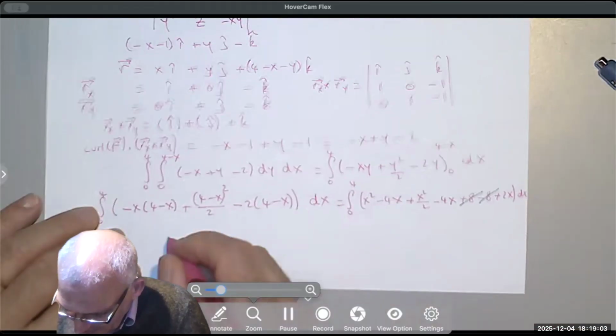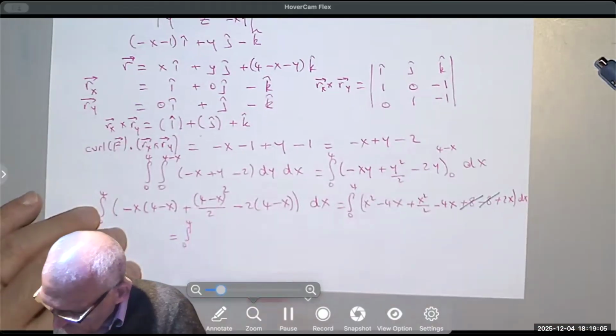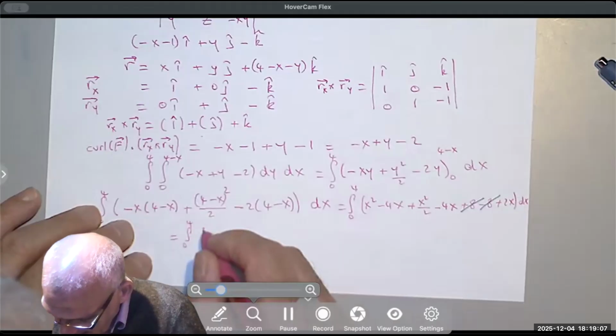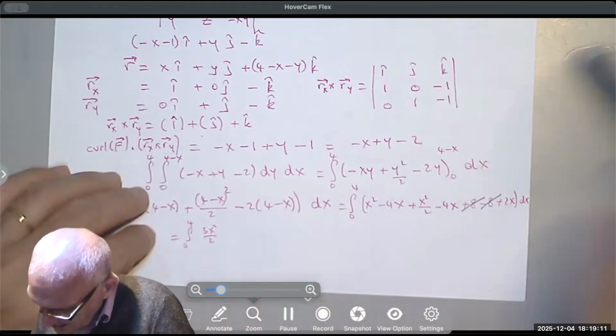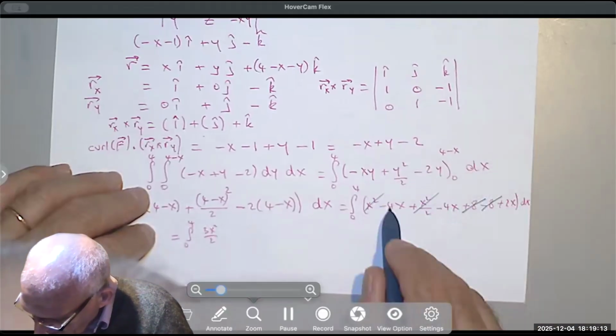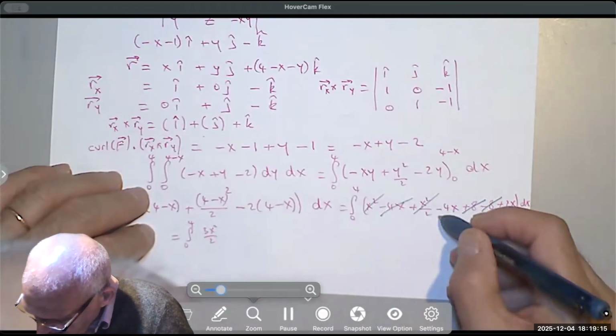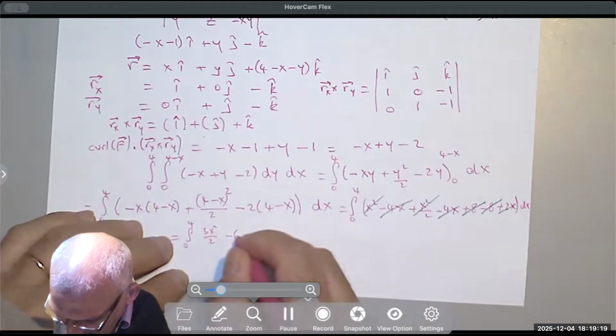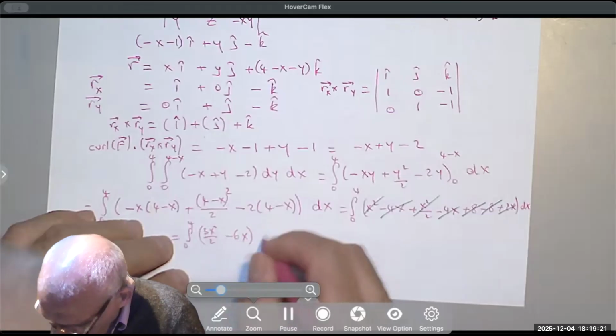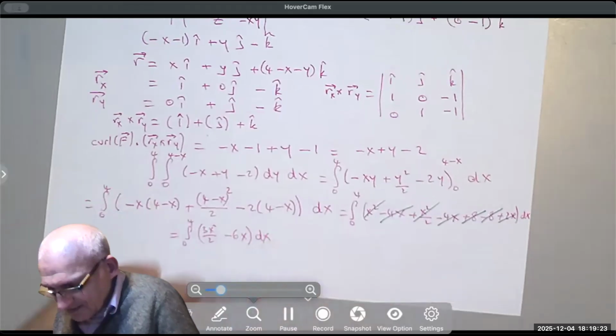We still can simplify more. So from 0 to 4, I get 3x squared over 2. Negative 4x minus 4x is negative 8x, plus 2x is negative 6x. Hopefully that is correct. I didn't mess up anything.